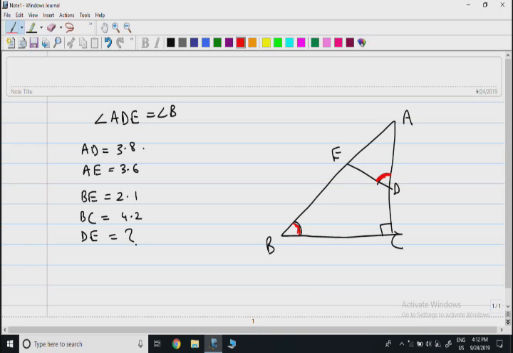Yes, Shillong, you have to do it that way. First of all, prove that these are similar, then proceed. And to prove the triangles are similar, you can use any of the three concepts: either angle angle, side side side, or side angle side.